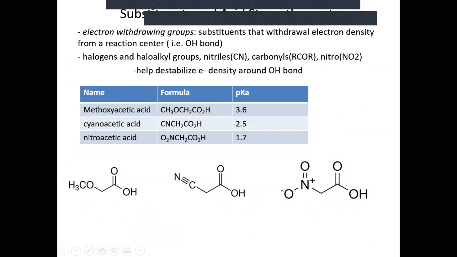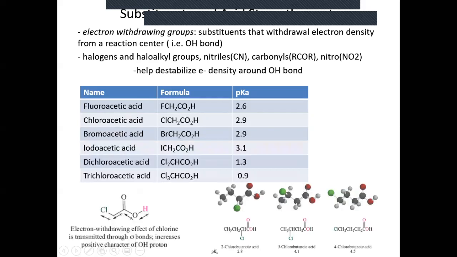Other types of electron withdrawing groups. If we look at, for example, methoxy, alkoxy groups, cyano, and nitro. Nitroacetic acid is 1.7. Remember, fluoroacetic acid was 2.6.